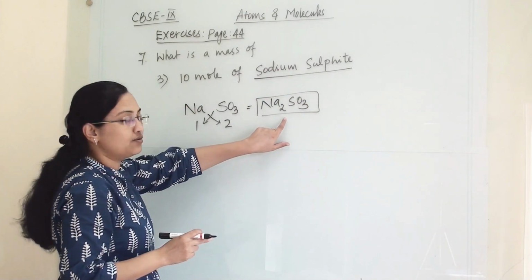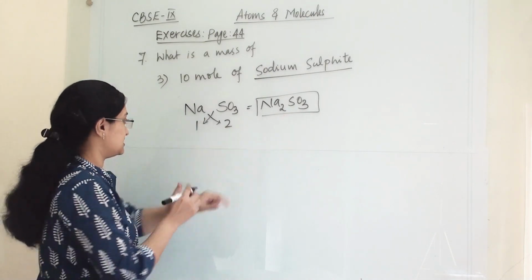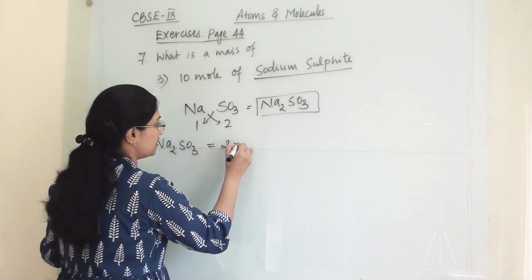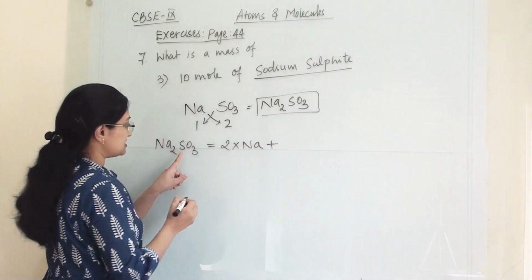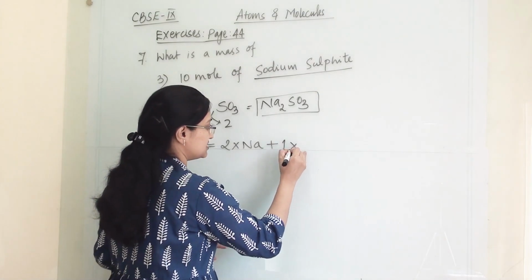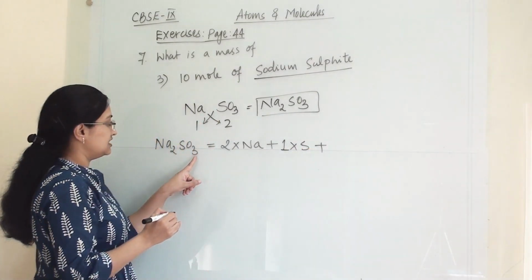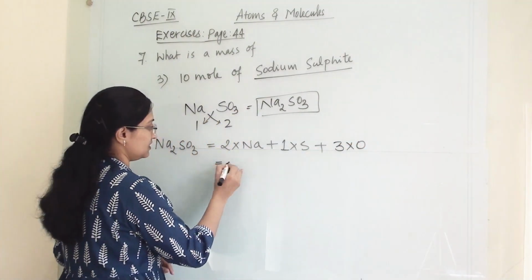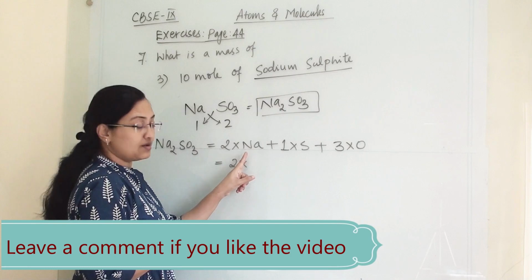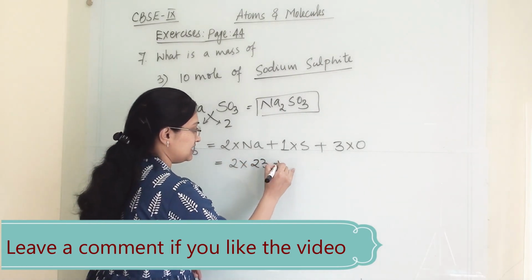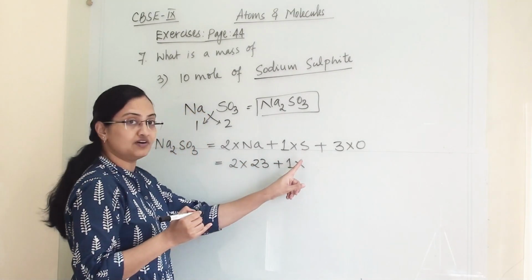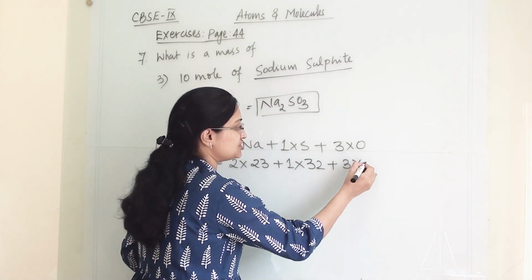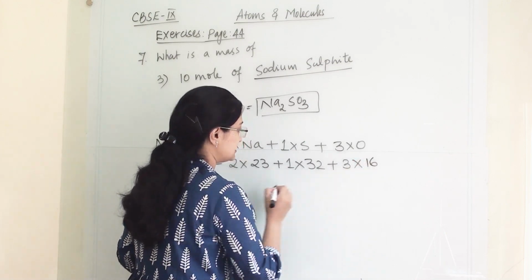Now we have to find out the molecular weight of this. So it is Na2SO3. So 2 atoms of sodium plus 1 atom of sulfur plus 3 atoms of oxygen. Now 2 into sodium's atomic weight, that is 23, plus 1 into sulfur's atomic weight, that is 32, plus 3 into oxygen's atomic weight, that is 16.